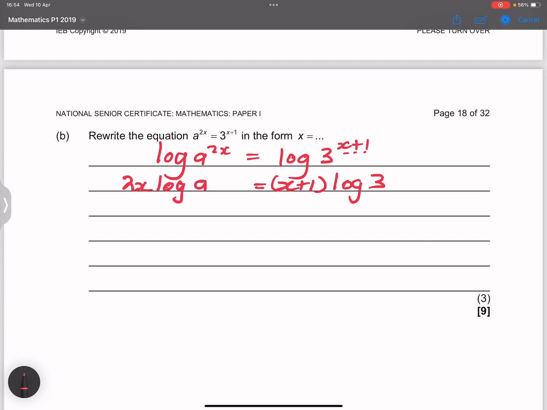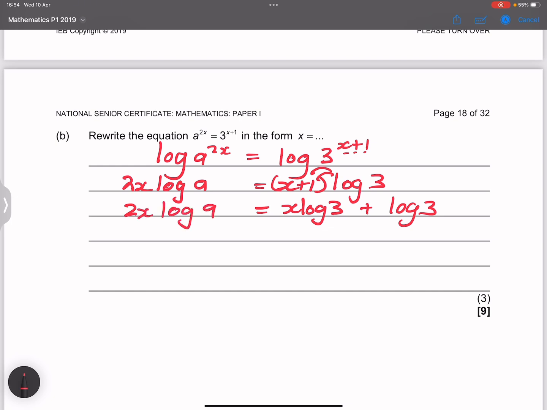Now, let me try and get my expressions with x only. But firstly, let's multiply through this one. Do a FOIL method. So I'll have x log of 3 plus log of 3. This is equal to 2x log of a.